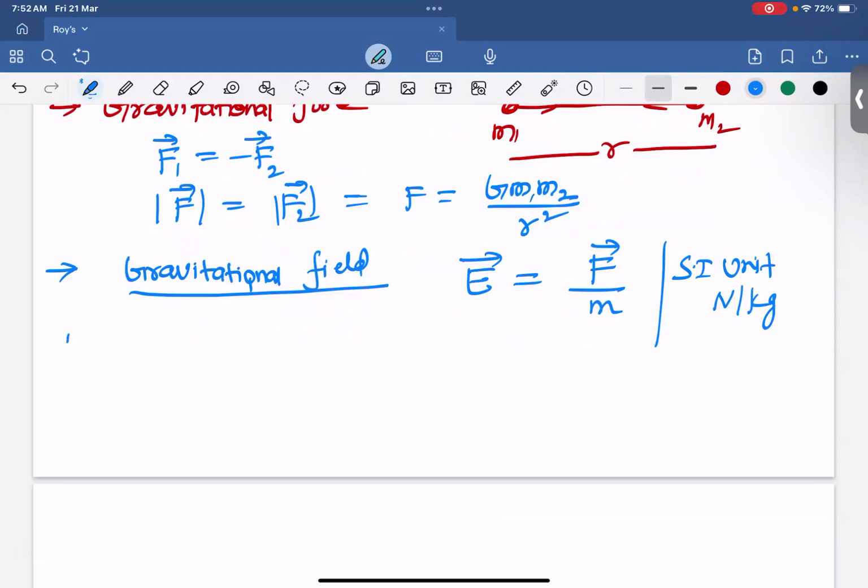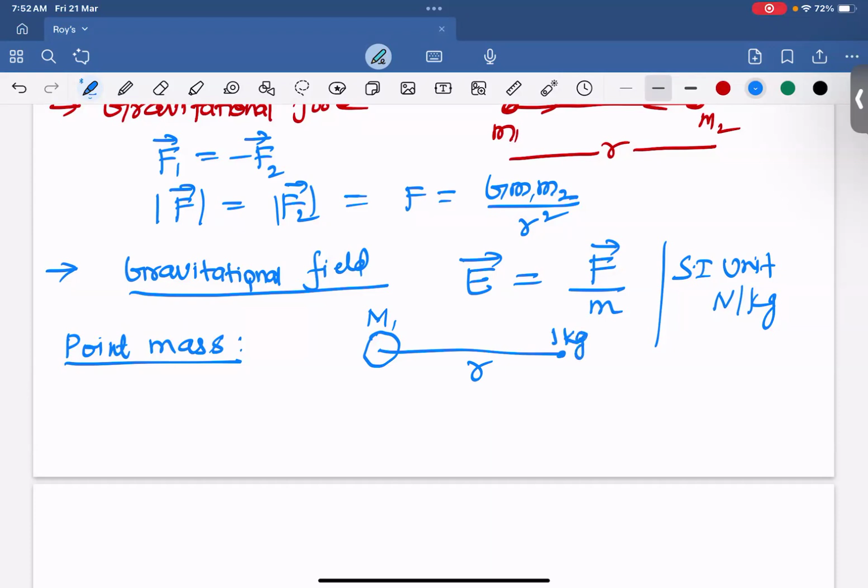If you have a point mass, and you try to find the field due to this, let's suppose this is m, at some distance r I want to find field. So field जानने का तरीका क्या है?